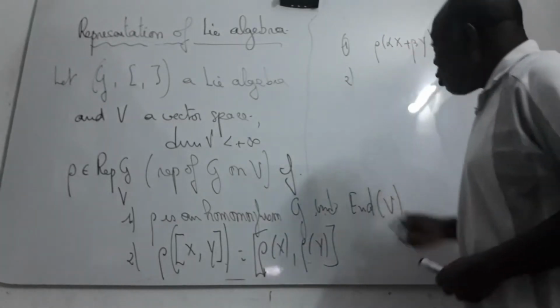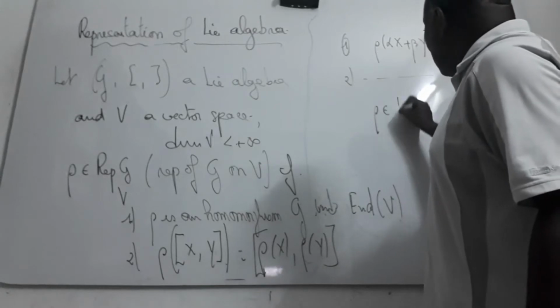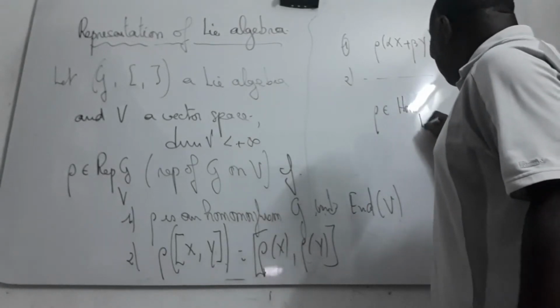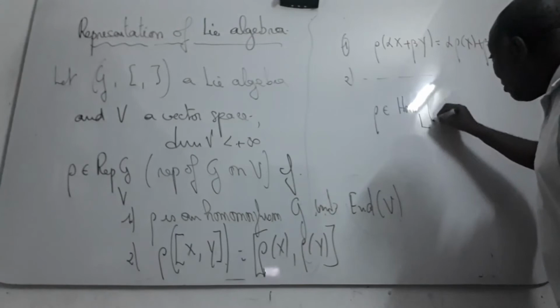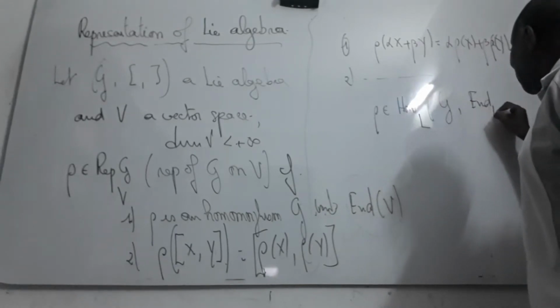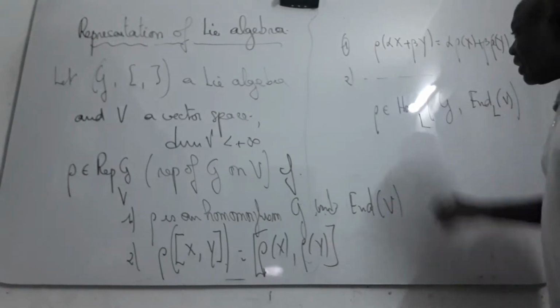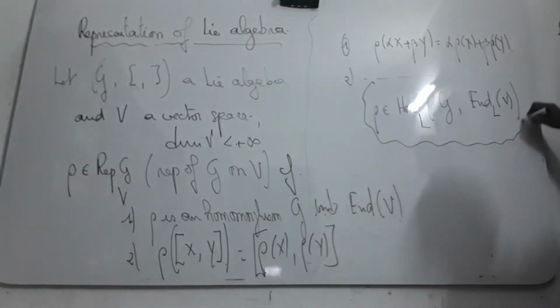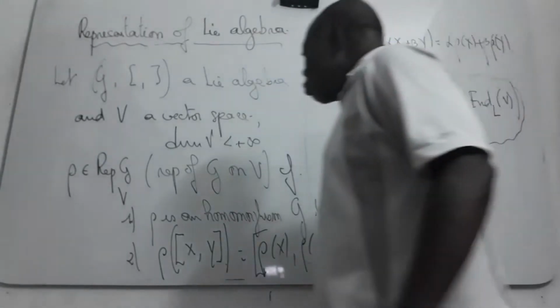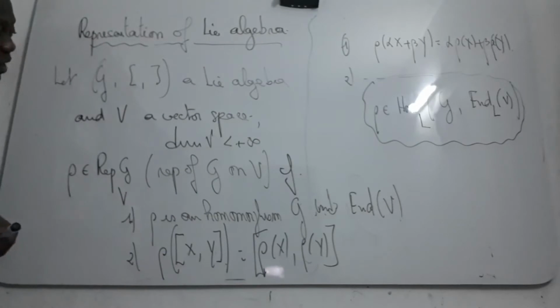So we have that rho is a homomorphism of Lie algebras from your space into this Lie algebra, just because it's a representation. Usually it's a representation of g on this vector space, which is a finite dimensional vector space.